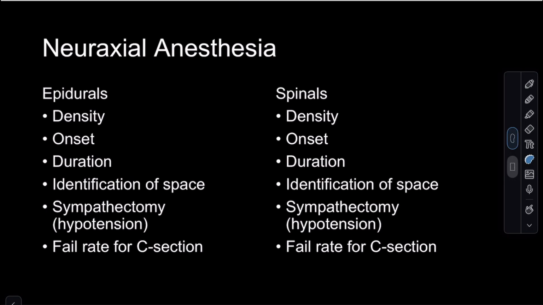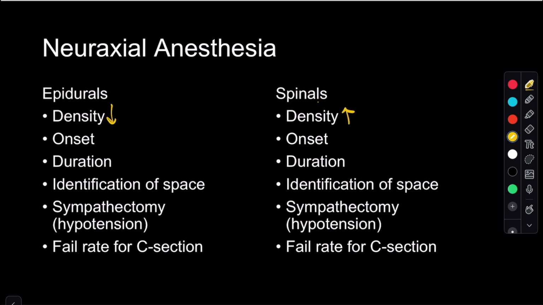So we're going to compare and contrast some of the different features of epidural and spinal anesthesia. Epidurals are generally anesthesia techniques that produce a lower density block as compared to spinals, which have a higher density block.